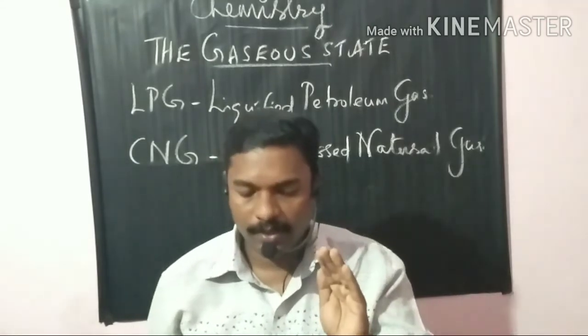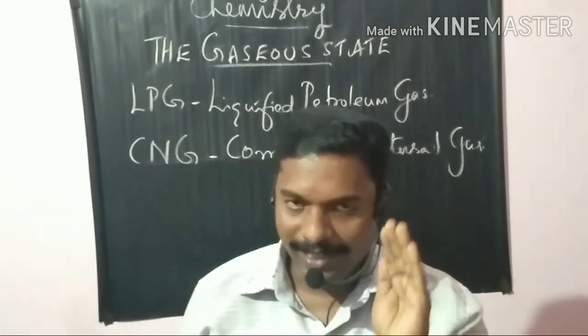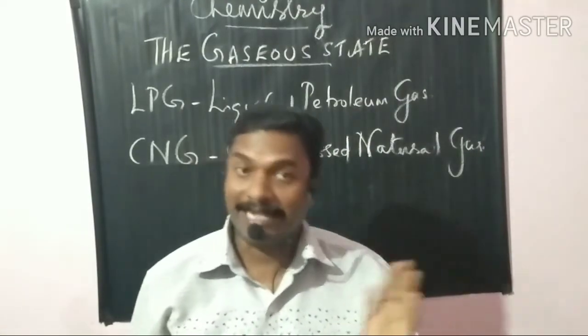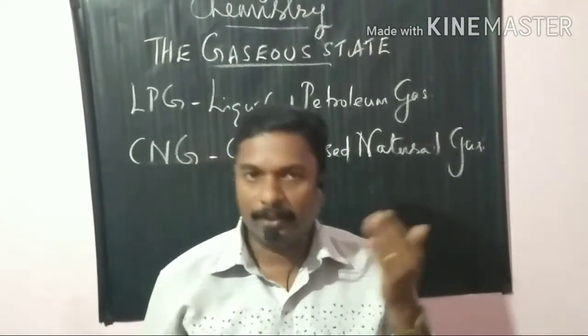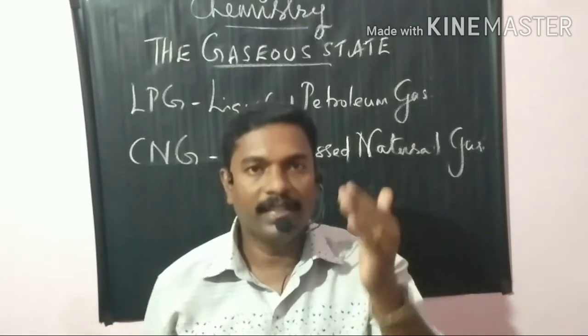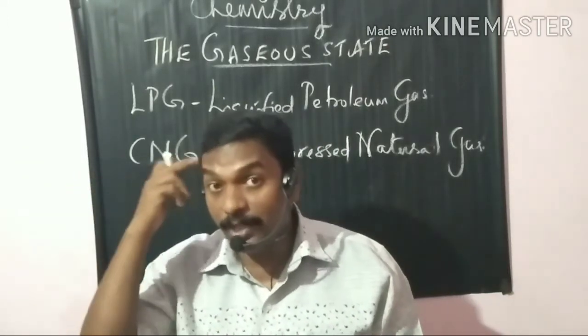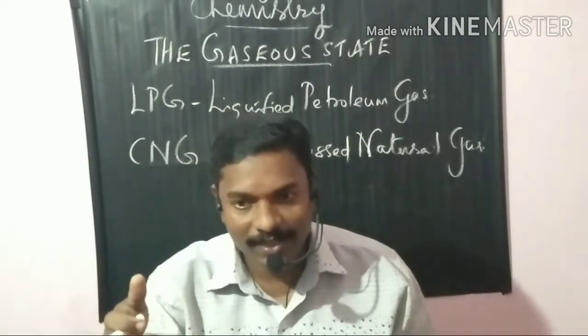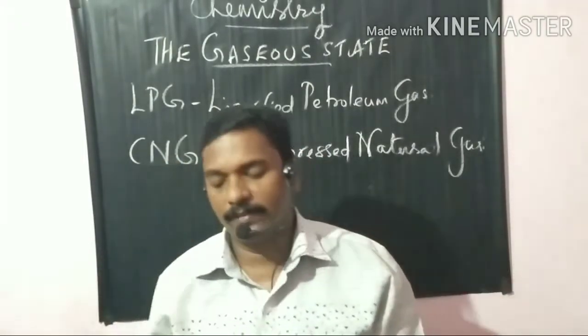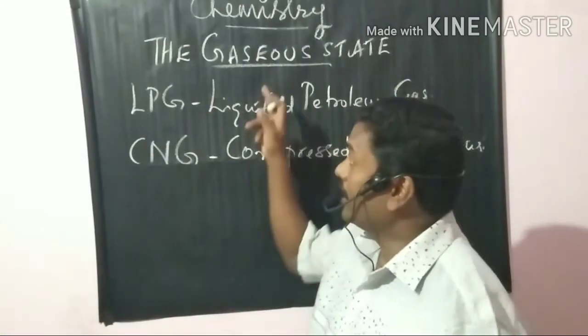And what about their nature? That is rigidity. As we have seen, solids are very rigid. Then what about liquids? The term we used is fluids. Very good. Then what about gases?